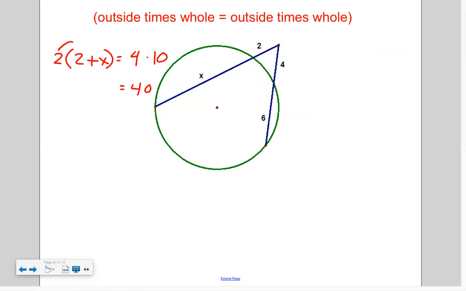Let's go ahead and distribute the 2. 2 times 2 is 4. 2 times X is 2X. Subtract 4 from both sides. And divide both sides by 2. X equals 18.